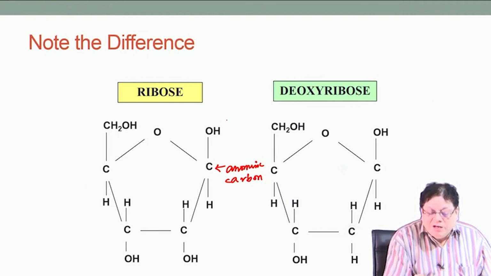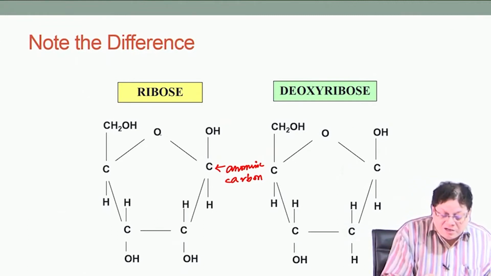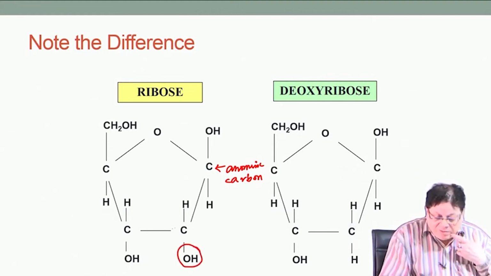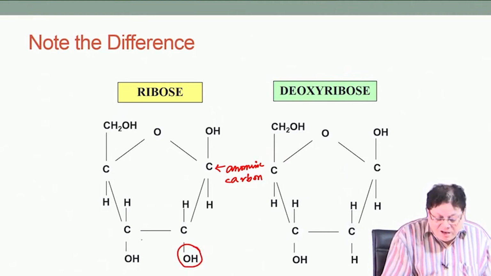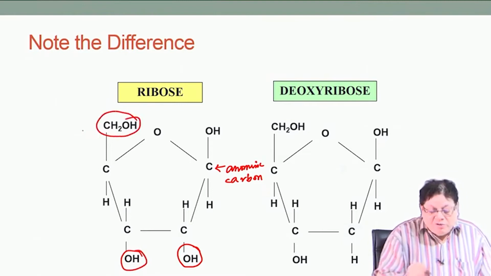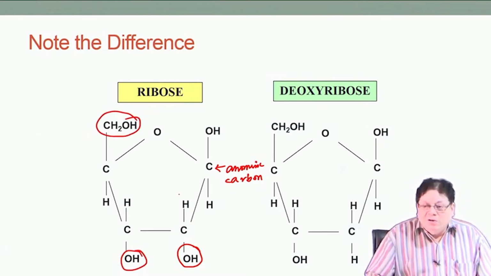If you put a nitrogen here, that will be an N glycoside, O glycoside. So, all these can be possible, but they are all through this anomeric carbon. And on the other hand, also check that this hydroxy is alpha. Alpha means it is below the plane of the ring, and this is also alpha, and this CH2OH is beta. So, that makes it ribose. If you change the stereochemistry, that is no longer ribose.